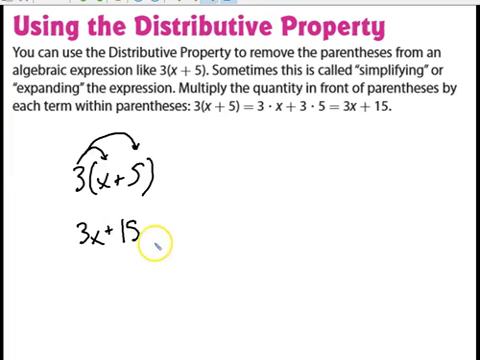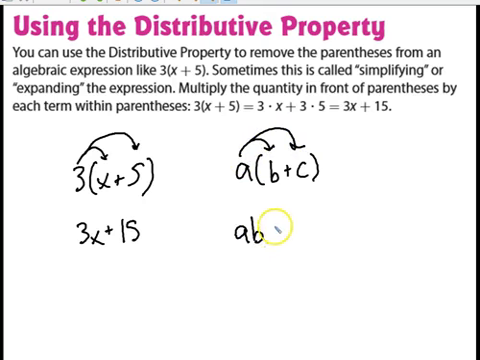Okay? So let's look at it this way. I'm doing a times b and then a times c. So it's ab plus ac. And we all know, class, if there is no sign in between them, that is multiplication.